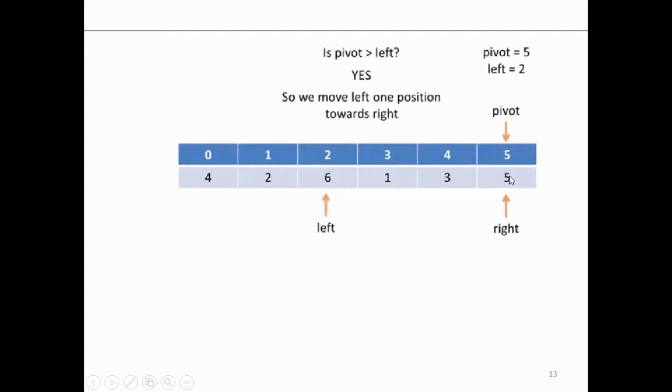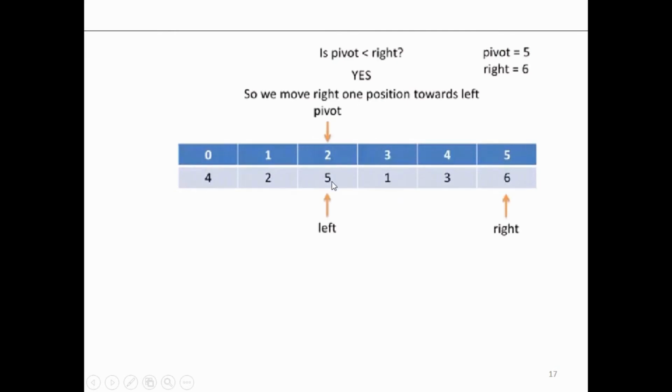Now we have to see whether the pivot value is greater than 6 or not. Here we can see the pivot value 5 is lesser than 6, so we have to swap the values of pivot and leftmost value. Here we can see the pivot value is lesser than the rightmost element, so the right index will decrease by one position, and it will indicate index 4, which has the value 3.